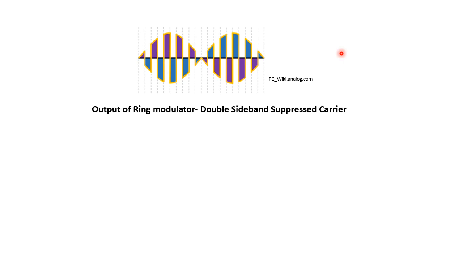Therefore, we can say that with the help of a ring modulator or the chopper modulator, we are capable of generating a double sideband suppressed carrier modulated wave.